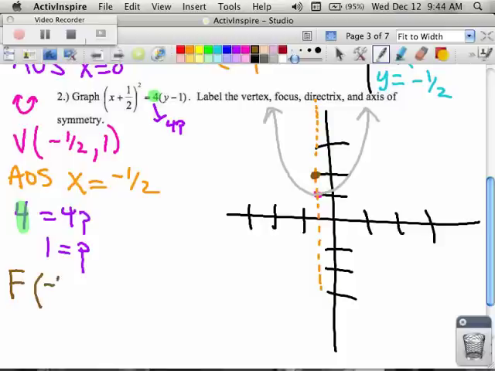My focus then has the coordinate -1/2, comma 2. My directrix, on the other hand, will be 1 unit below the vertex, on the outside of my parabola. Remember that according to Carly, it is perpendicular to my axis of symmetry. So 1 unit below means I have a horizontal line, and that means my directrix has the equation y equals 0.